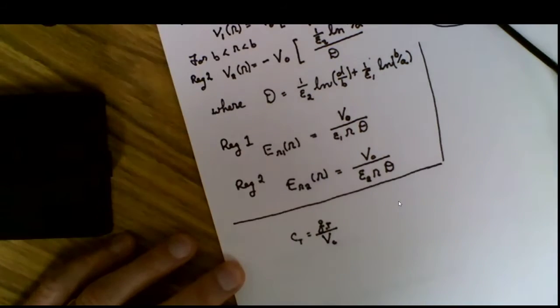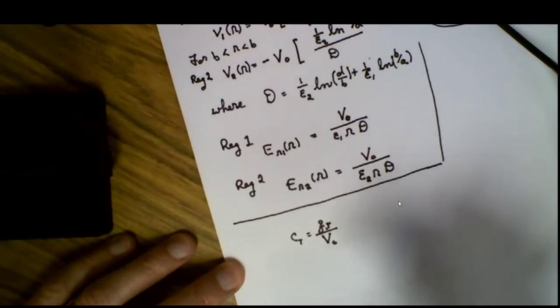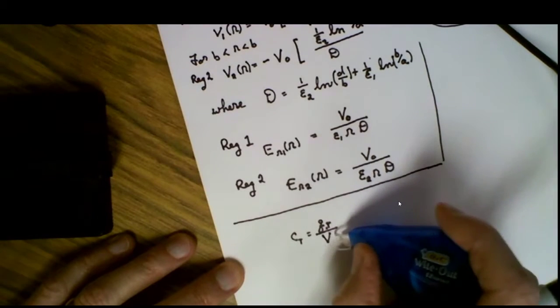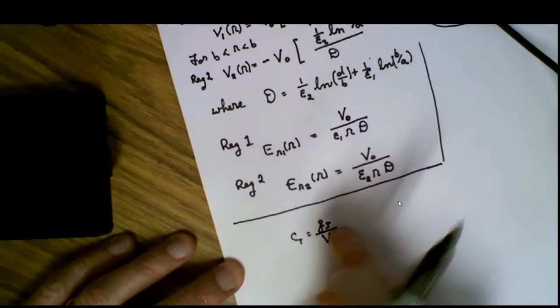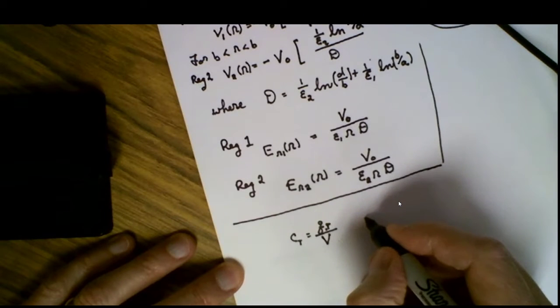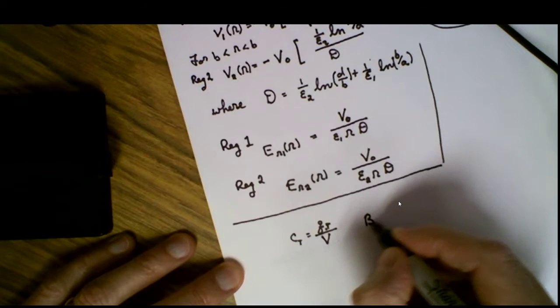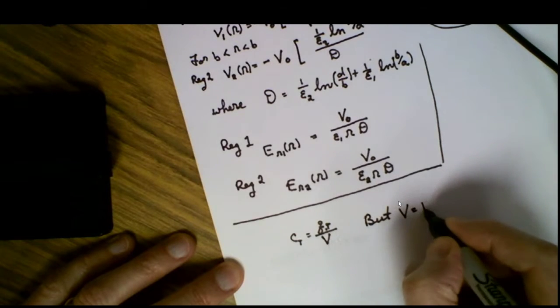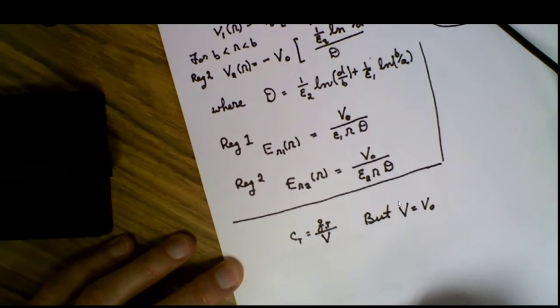And the potential difference between the two bodies is already known, and it's fixed, and that's equal to V naught. So we'll say V is equal to V naught. Our task now is to determine what Q is.